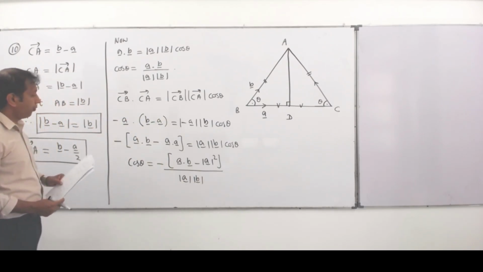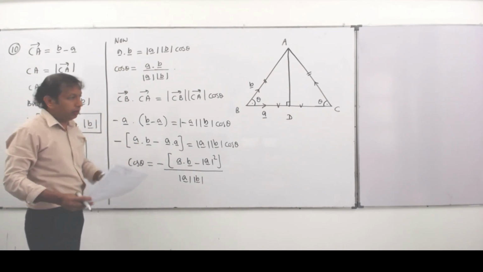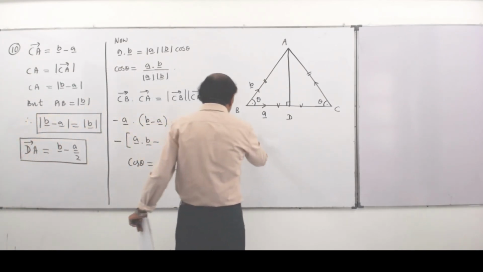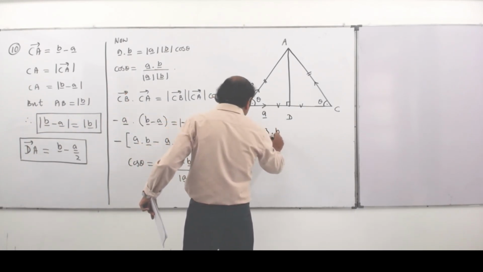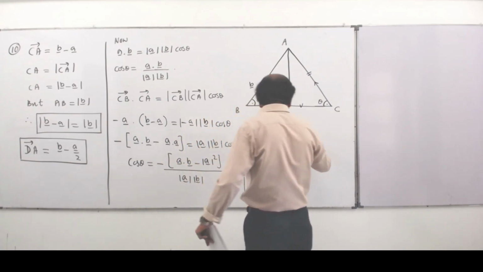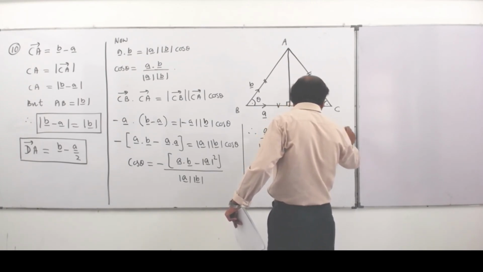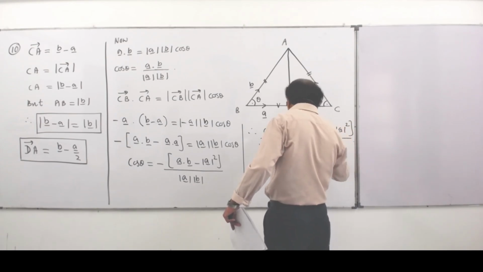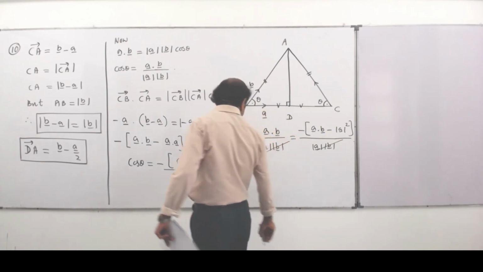Now we have two expressions for cos theta here. Look at this. This is cos theta, this is also cos theta. We can equate them. Therefore, here we get A dot B divided by mod A mod B is equal to minus A dot B, mod A squared divided by mod A mod B. These two you can cancel now.